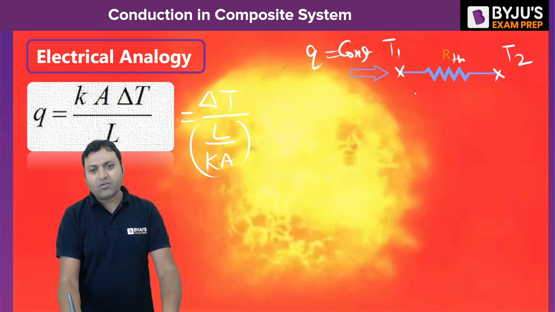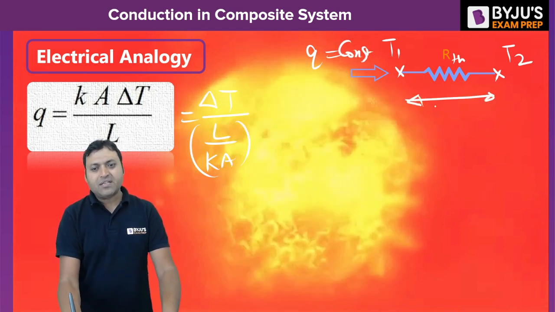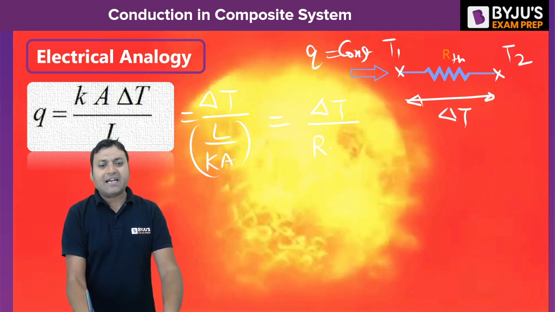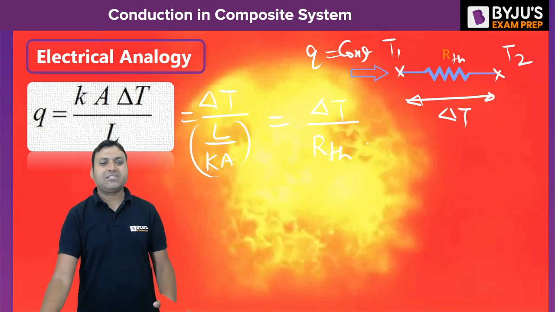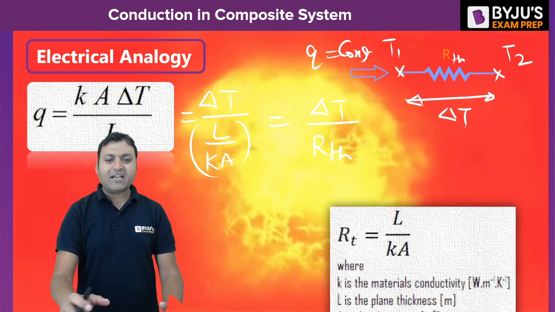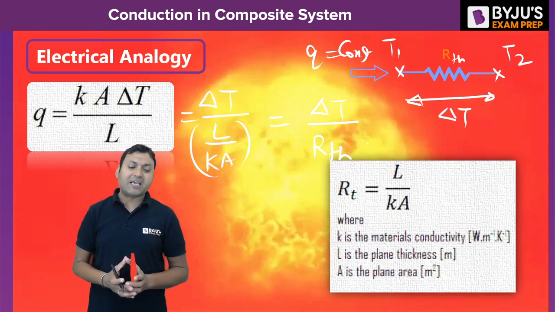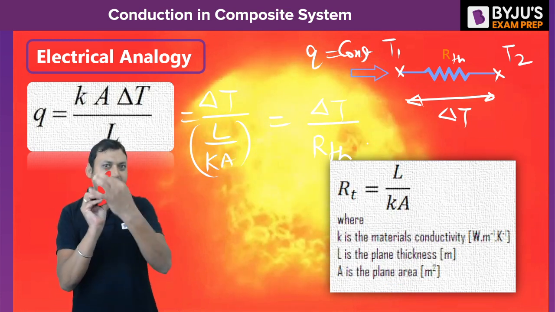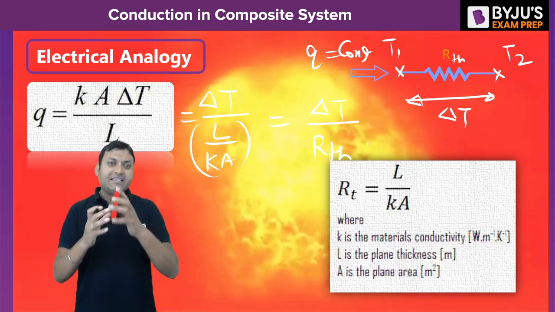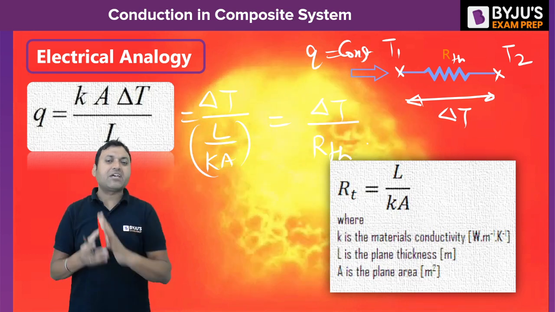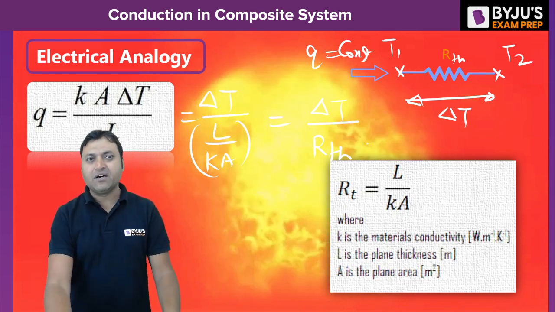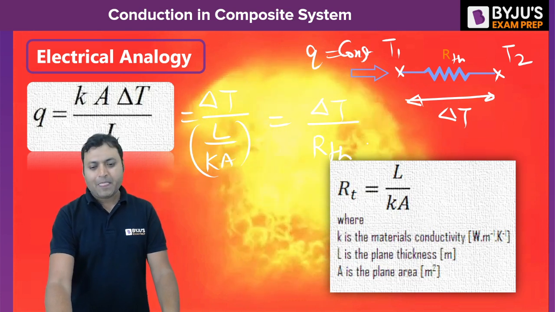This is called delta T. So we can equate it with delta T upon thermal resistance. So what will be the thermal resistance? The thermal resistance becomes L by KA, where L is the thickness of the plane wall, A is the area normal to the direction of conduction, and K represents the thermal conductivity of the material of the plane wall.